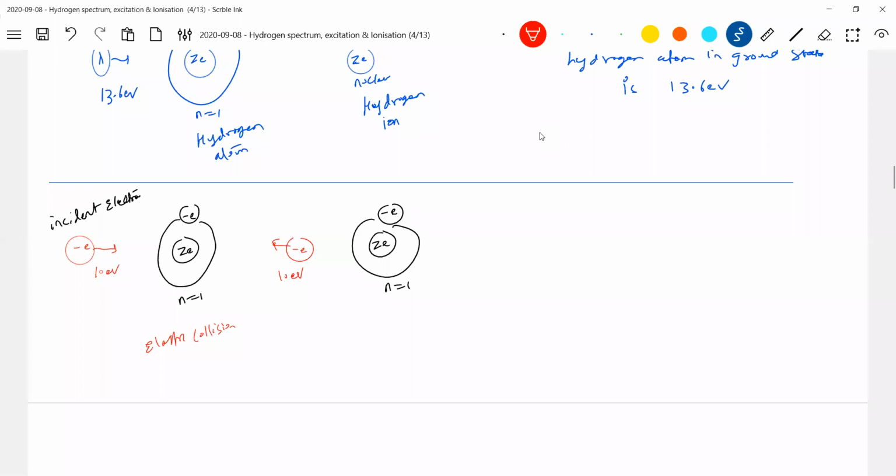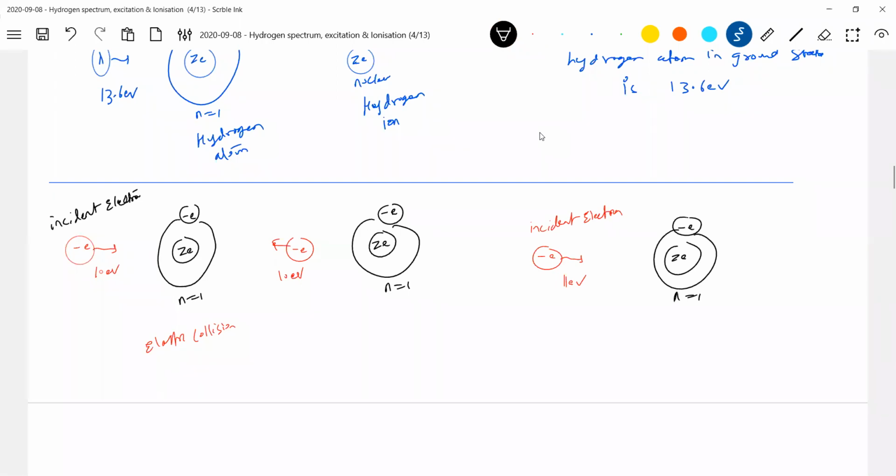No, if the electron comes with more than around say 11 electron volt, and what will happen to this hydrogen atom?